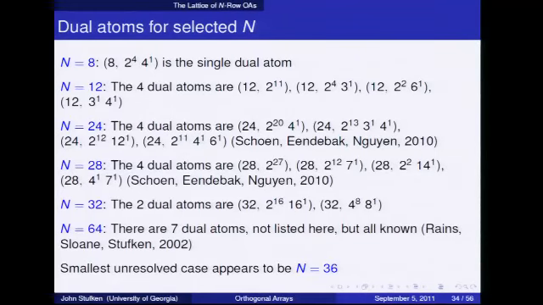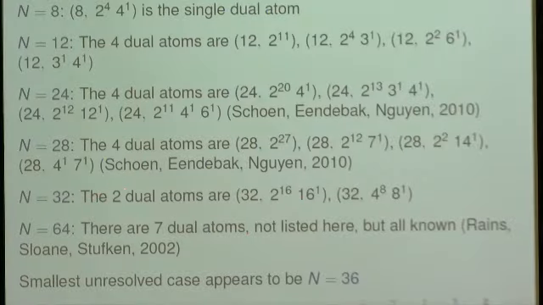Of course, the smaller cases are not that difficult, but it quickly runs into, or can run into, difficulties. This was actually quite a bit of work to obtain the lattice for 64 runs. These two over here for 24 and 28 have only recently become available by a complete enumeration of the orthogonal arrays for 24 and 28 runs.